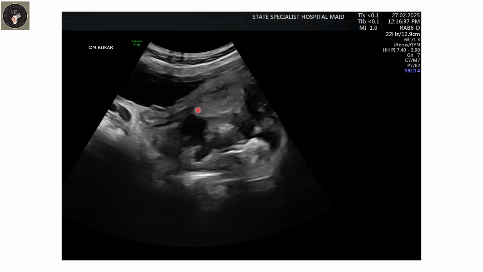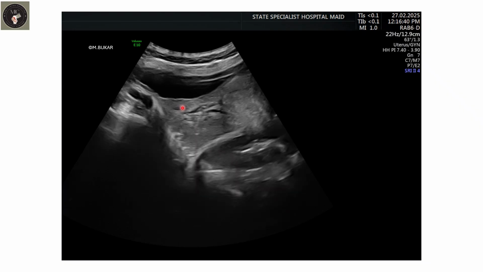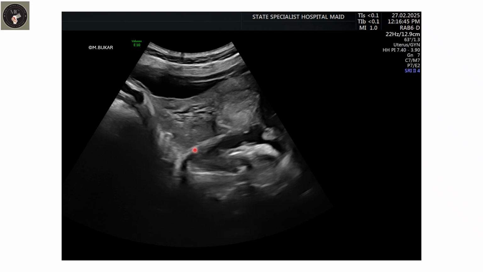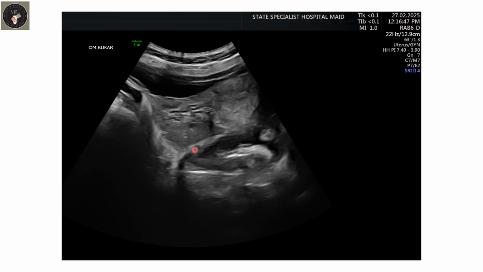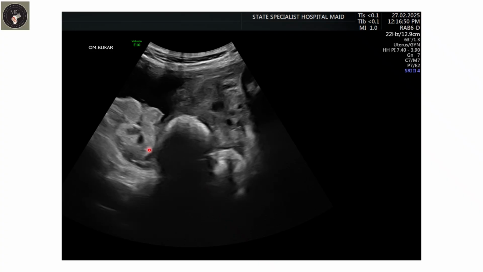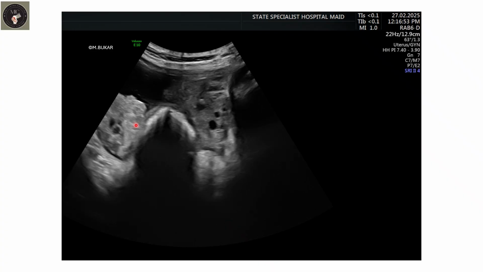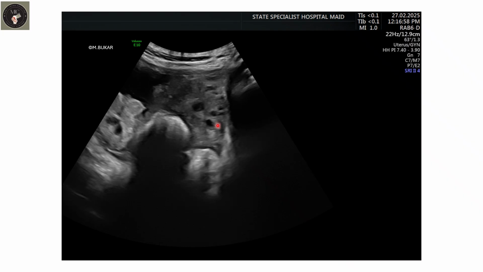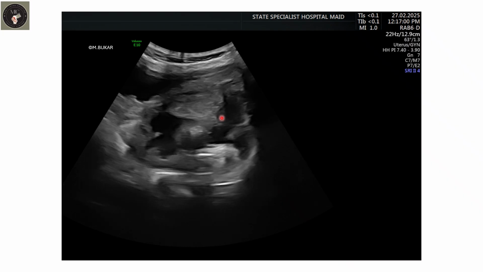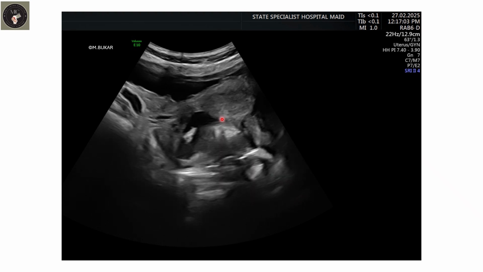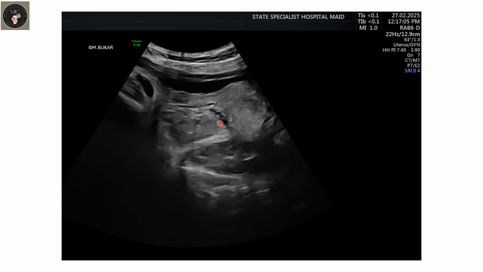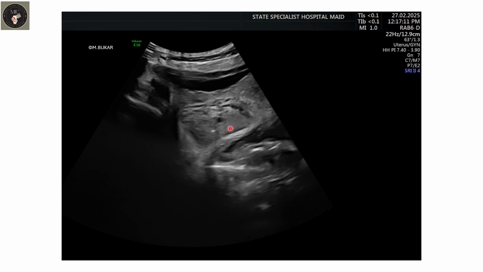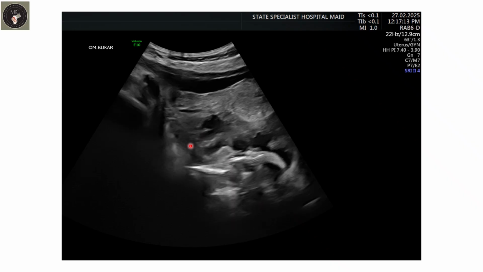The uterus in transverse section, the adnexa, and note this echogenic foci, some casting acoustic shadows. That's the other ovary here. Again, note this echogenic focus within the right ovary.